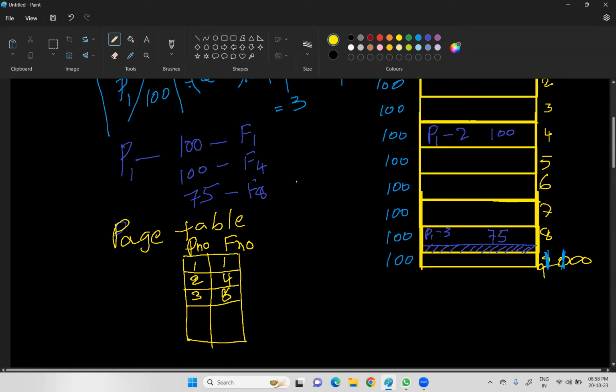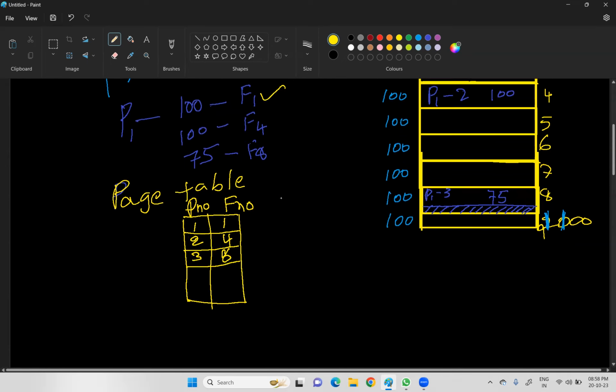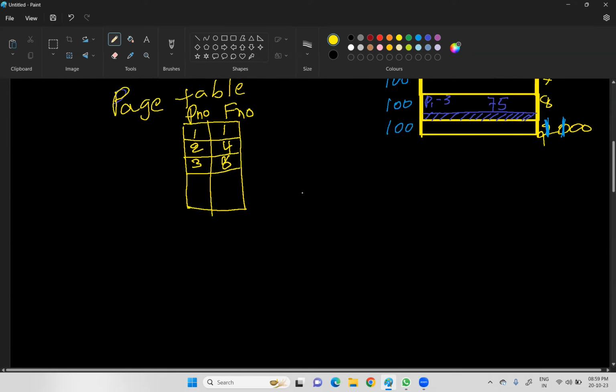In page number 1, the CPU wants to execute the first instruction, instruction number 1. How many instructions are there in page number 1, frame number 1? 100, starting from 0 to 99. How could this be? The address generation mechanism of the CPU can be seen like this.